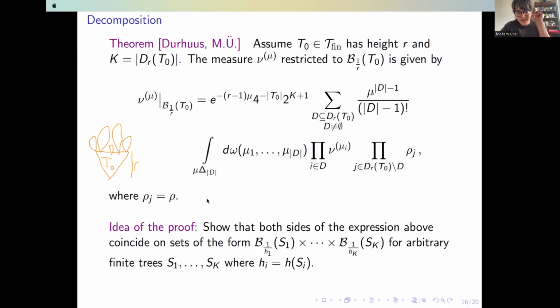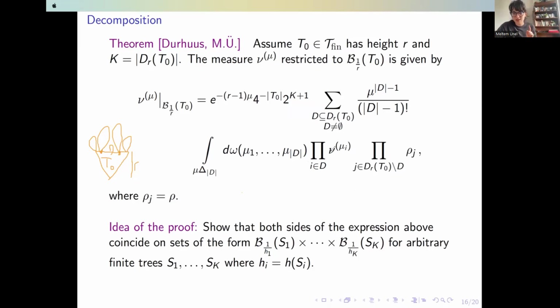And what this integral tells us is that I have to graft now infinite trees on the vertices in this subset. Let's say, for example, that this subset has two vertices inside. So on top of these two vertices, I will need to graft infinite trees whose joint law is given by this probability measure here in this integral.